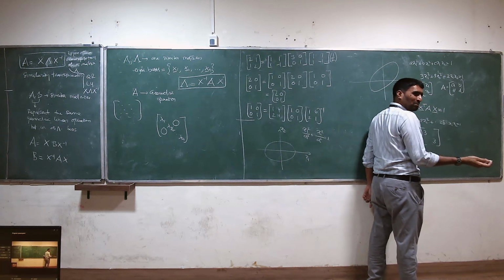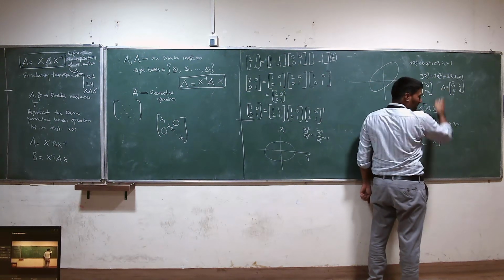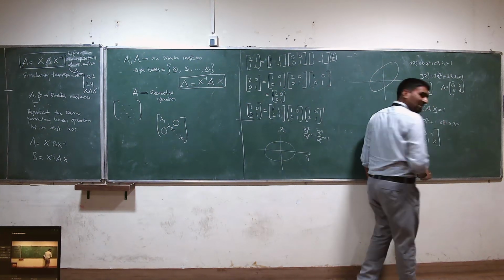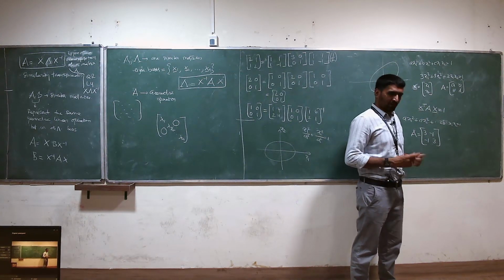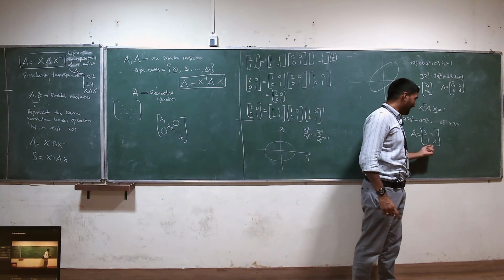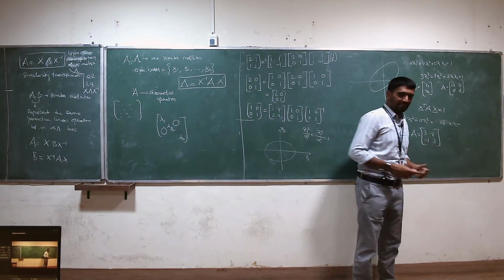Yeah, -1. It's 2 times b. It's -2, so it's -1. That's fine. So if you take x transpose ax, you'll get that equation. Now find the eigenvalues and eigenvectors of this matrix.